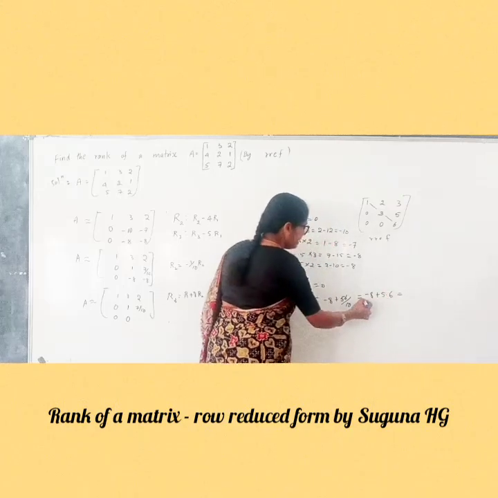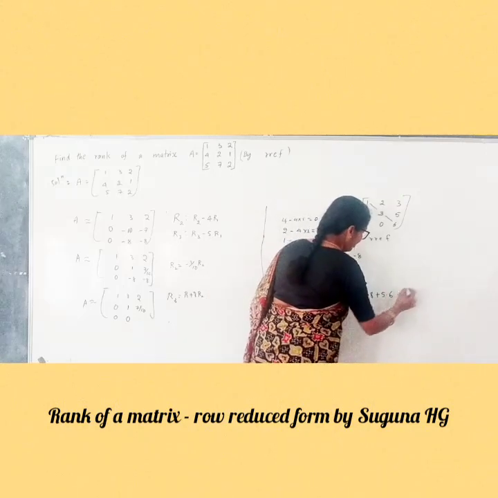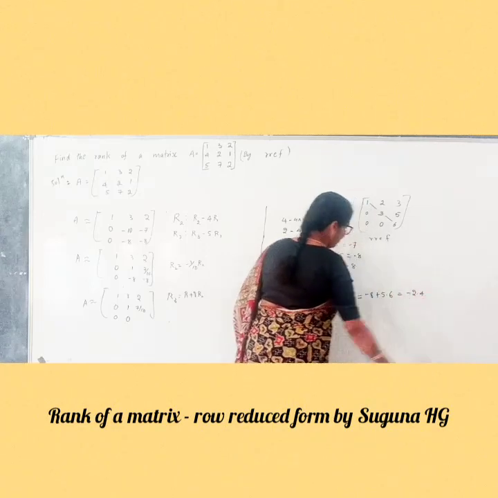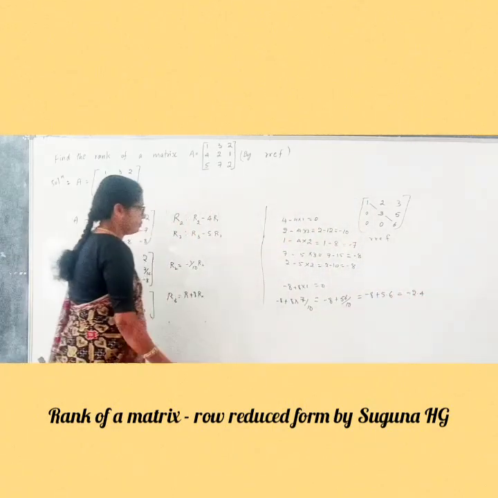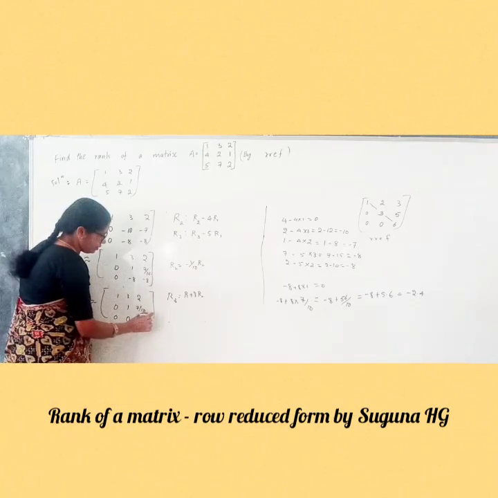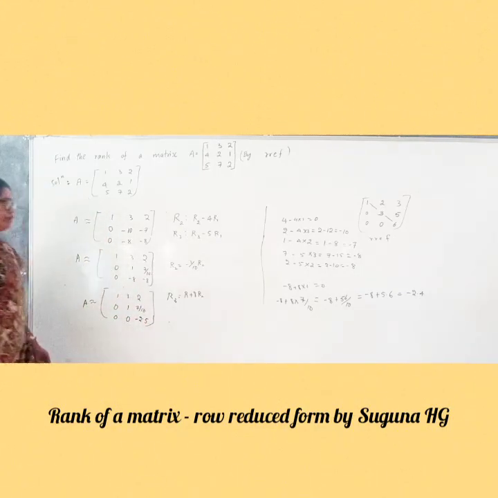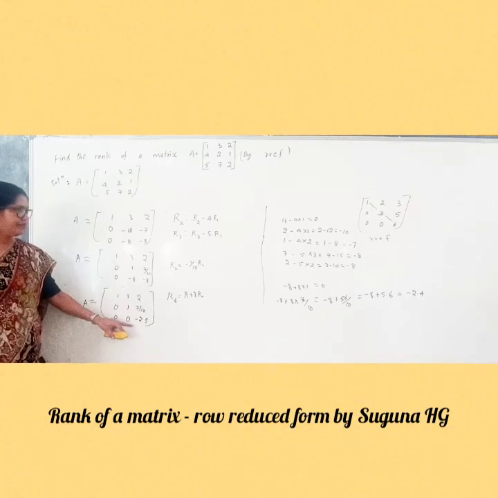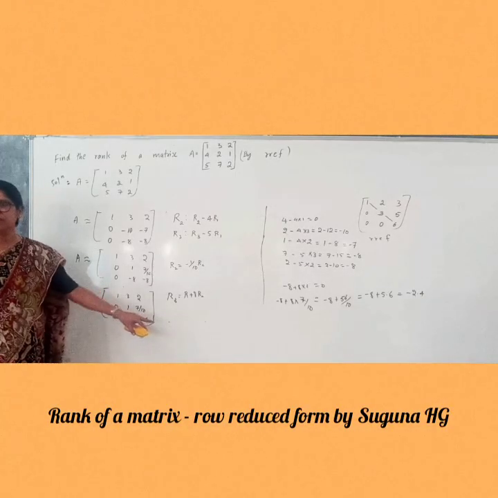So if you subtract 5.6 from 8, you will get 2.4, that is minus 2.4. See, further you cannot simplify this. This is the final echelon matrix.